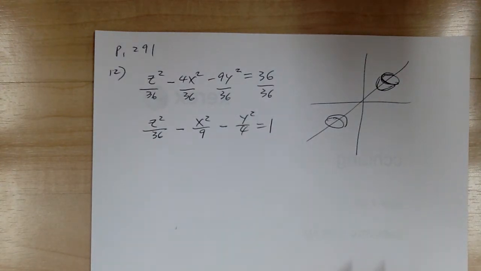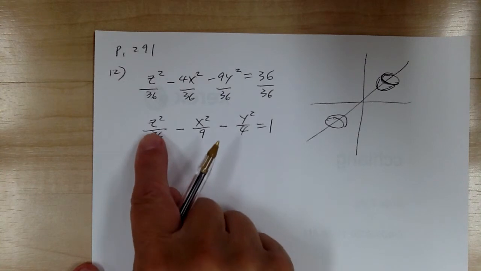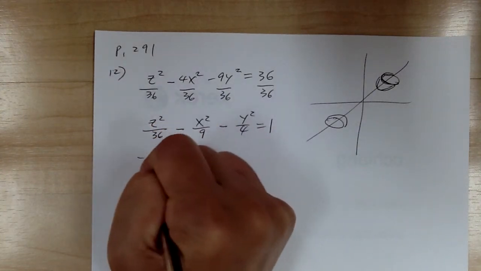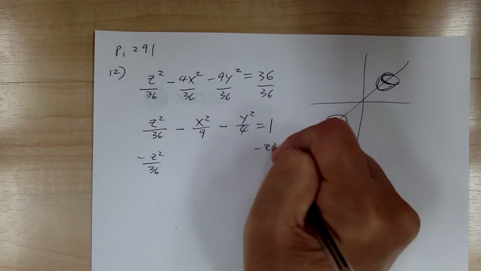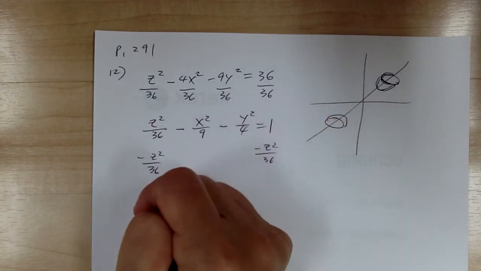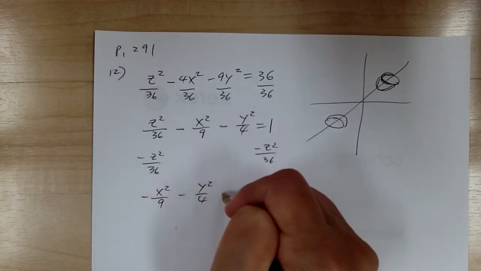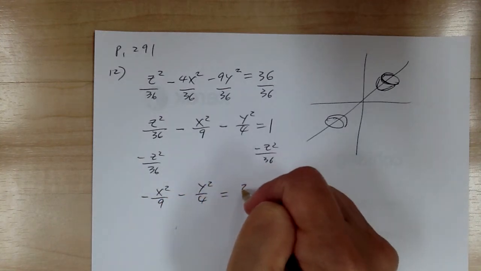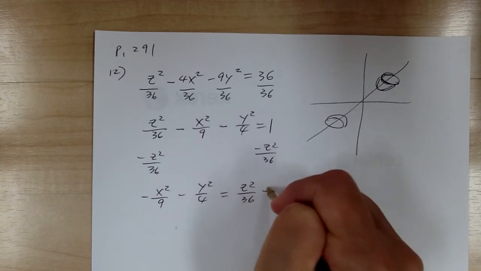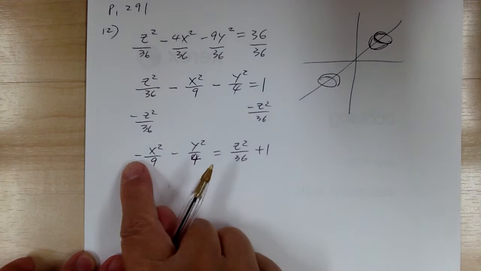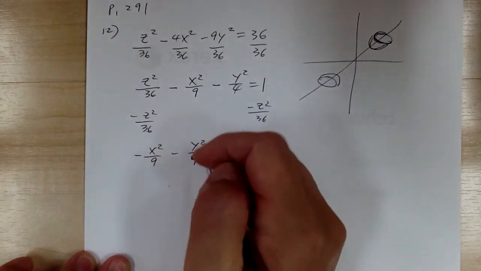So again, first let's put this in a better form so that we can get some numbers. Let's move the one that's different to the other side. So you get negative x squared over 9 minus y squared over 4 equal to, and you want to put a variable in the front. After that, you want to multiply by -1 to make this positive.